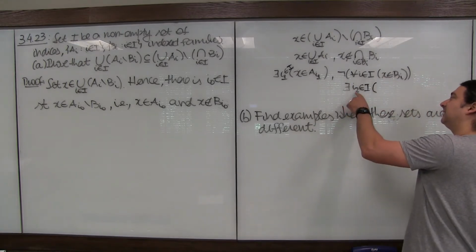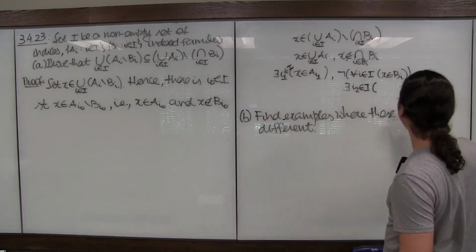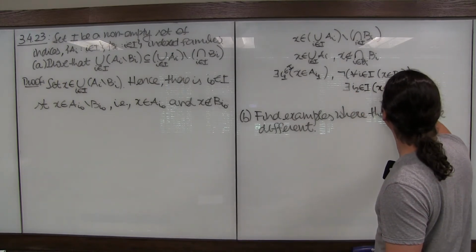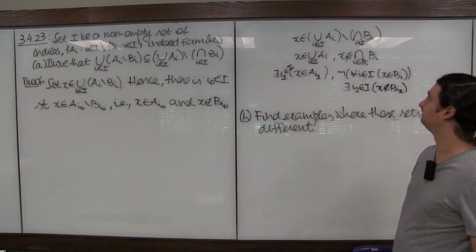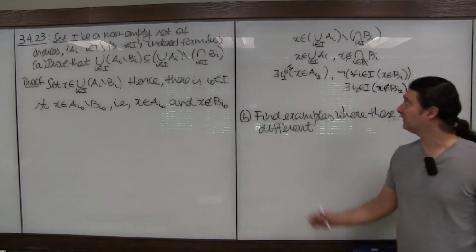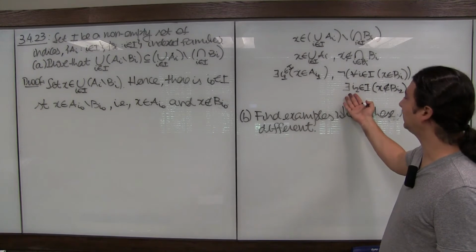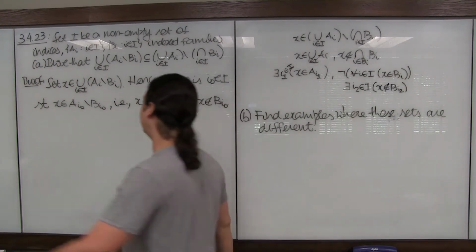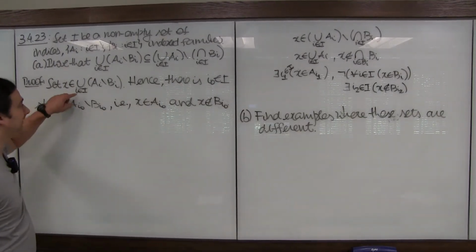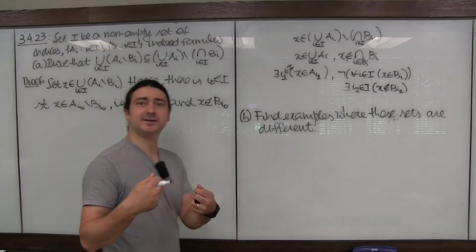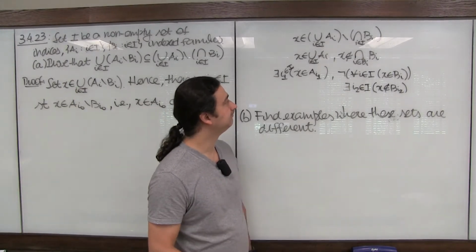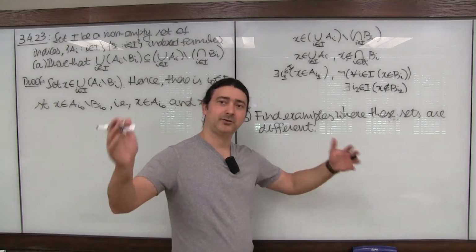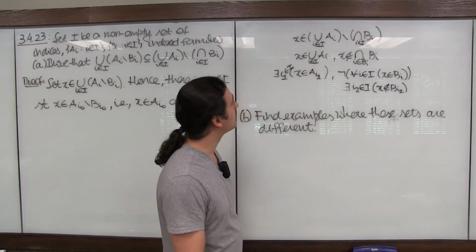So I'm saying that there exists an I2, an index, such that x is not in B sub I2. Whenever you go to there exists, I usually don't use the general variable for the index because it's a particular one. You don't want to call it the variable that you're calling everything, perhaps.